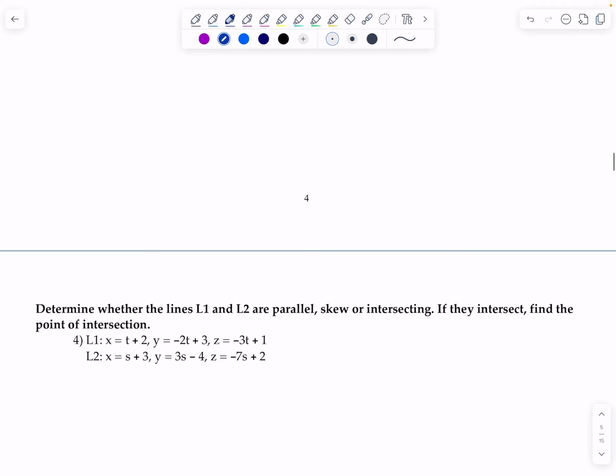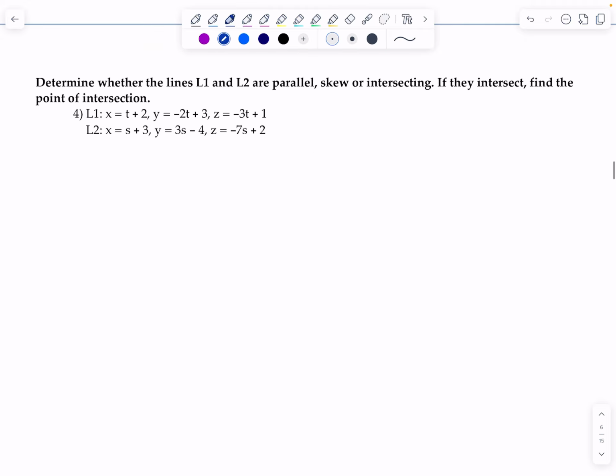Okay, determine whether the lines L1 and L2 are parallel, skew, or intersecting. If they intersect, find the point of intersection. So here are my two lines. Line 1 has as its direction vector, I'll call it V1, components 1, negative 2, negative 3.